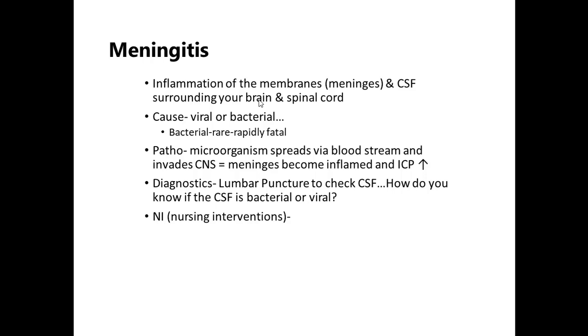This happens quickly. So what happens is the person gets an infection somewhere, spreads through the bloodstream, invades the central nervous system. The meninges become inflamed, and that ICP goes through the roof.